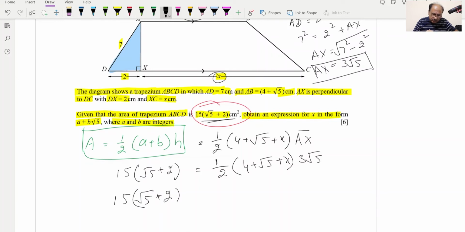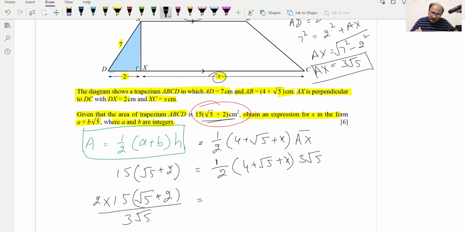Okay, so this 2 will go as numerator over here, and 3 under root 5 will go as denominator, and this is equal to 4 under root 5, basically x.